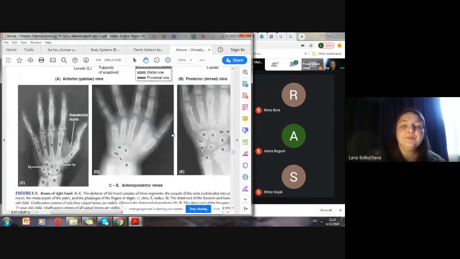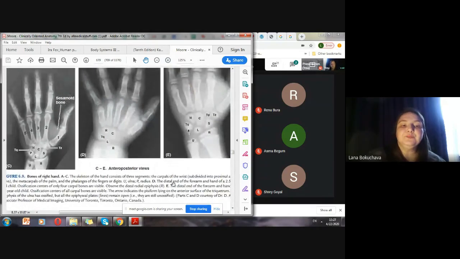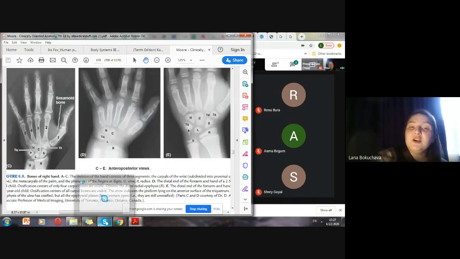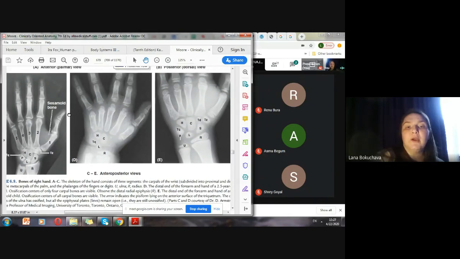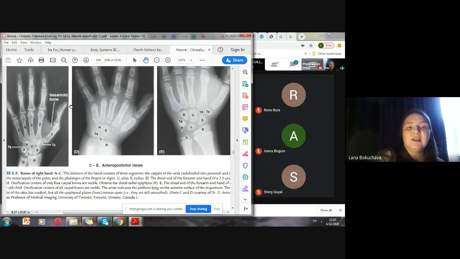Here particularly, you can see the bones of the right hand. What is more interesting here, according to the ossification of the bony structures, you can understand how old the individual can be, okay? So as a result, I do believe it's clear that in this case, we're talking about a small child.